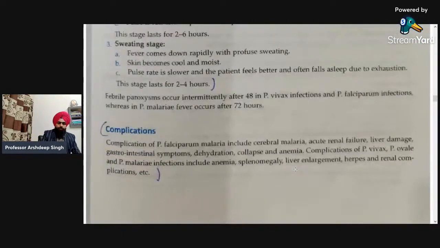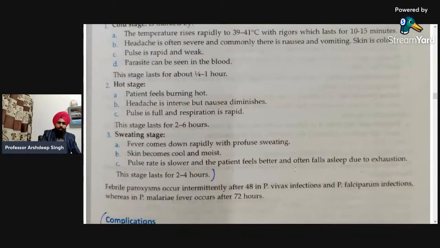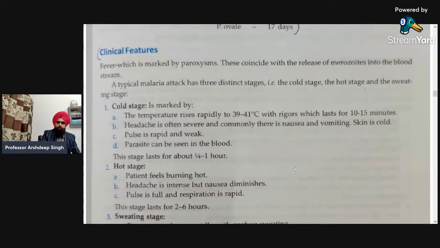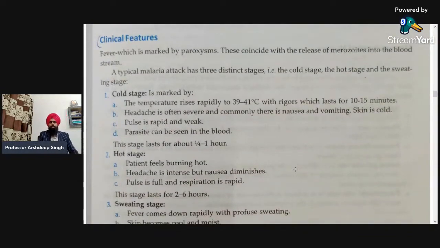Next is about the clinical features. What are the various clinical features if a person is infected with the malarial parasite? What different types of clinical features must he or she show when the infection is prominent?